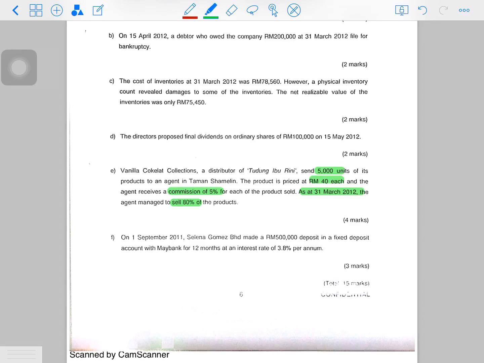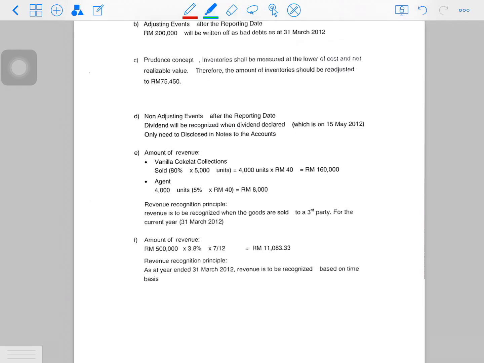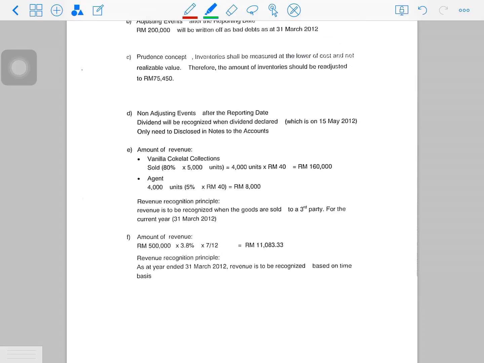Agent tu pula dia akan recognize revenue dia. Tadi revenue untuk vanilla chocolate, kan? Revenue untuk agent tu pula you kena calculate lah. Revenue untuk agent 5%, kan? 5% times 5,000 times 40 ringgit, kan? Okay. So vanilla chocolate ni, so the total amount is 160.